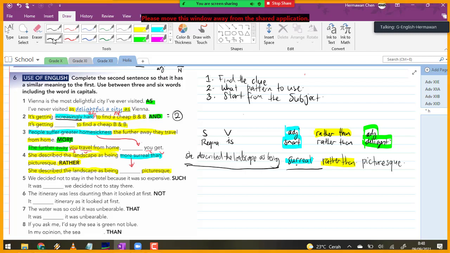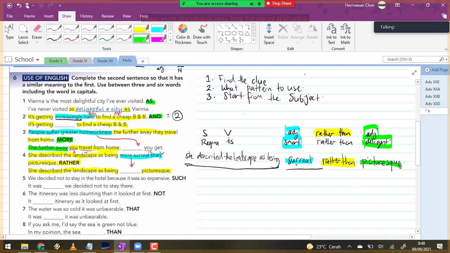More surreal than has to be put in the blank, but we do not need more. We do not need than. What we need is only the adjective surreal. Rather becomes rather than. Picturesque is the second adjective. Okay, that is number 4. Any question?